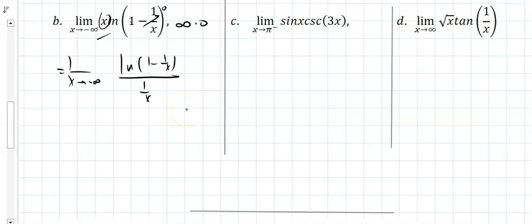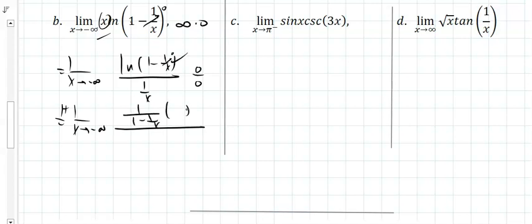Now, as x approaches infinity, that will be 0. Natural log of 1 is 0 and 1 over infinity is 0. L'Hopital applies. Limit as x approaches negative infinity. Derivative of a natural log of x is 1 over the argument times the derivative of this. This is 1 minus x to the negative 1. Bring the power down, positive. You'll get x to the negative 2, which is there.